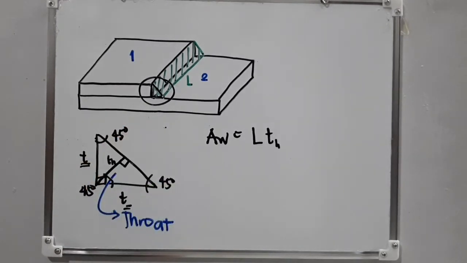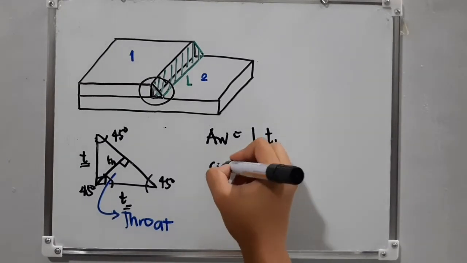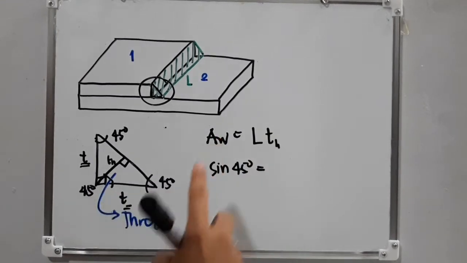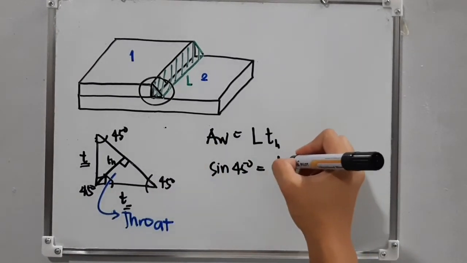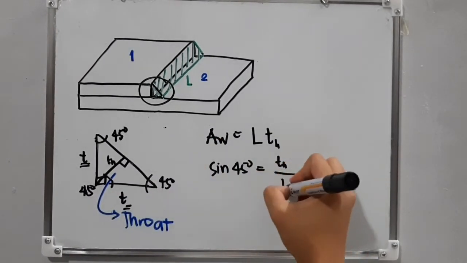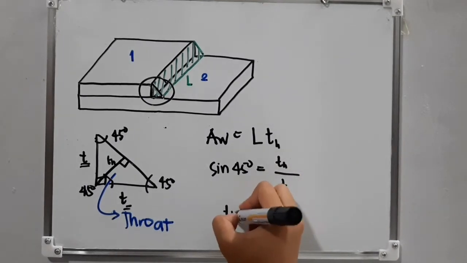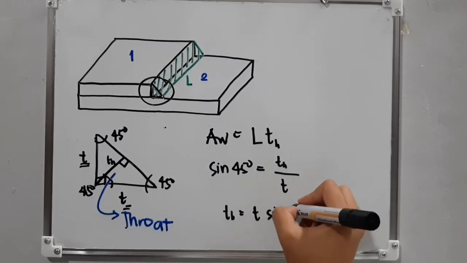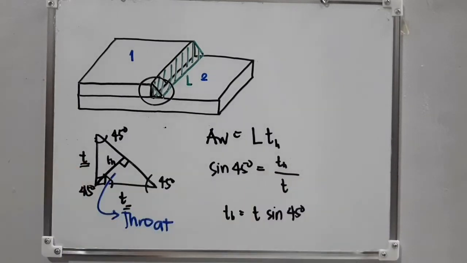Your throat is: sine 45 degrees is equal to your throat over your thickness. Therefore, your throat is equal to your thickness times sine 45 degrees.